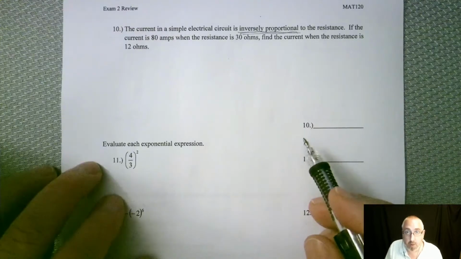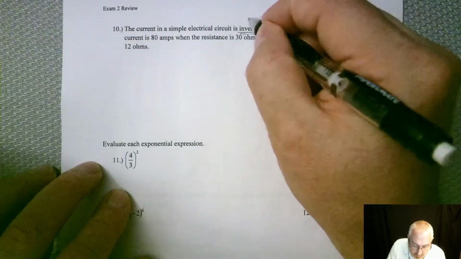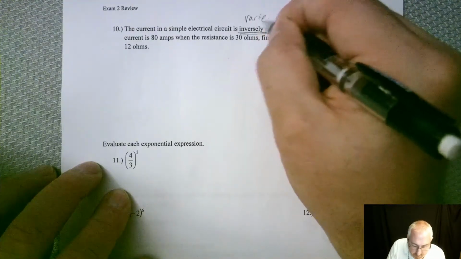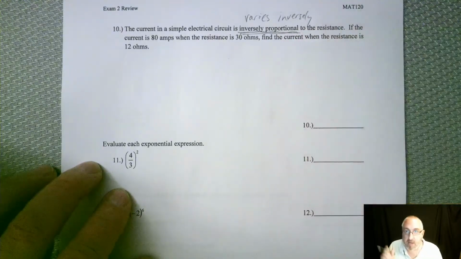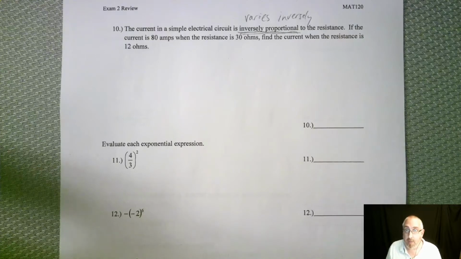Inversely proportional. Another way they say that, remember, is that it varies inversely. So anytime you see that inversely, you can't use a proportion to set these up. So don't do it. Now, how do you set it up? Well, remember, if it varies directly, then it is a proportion.